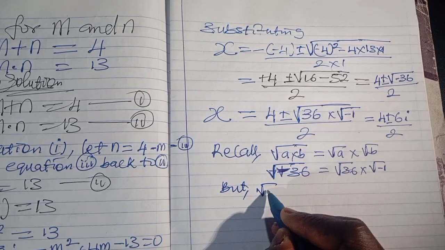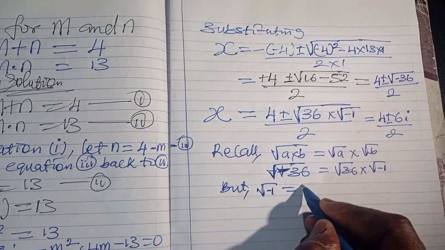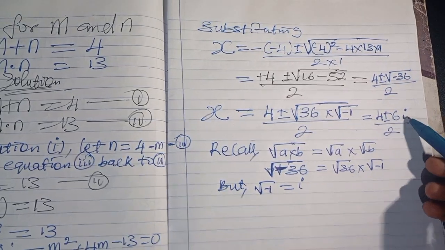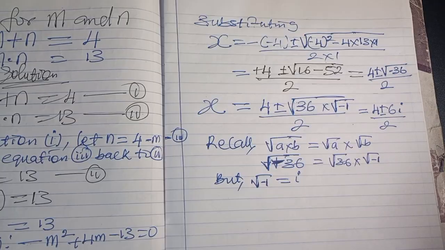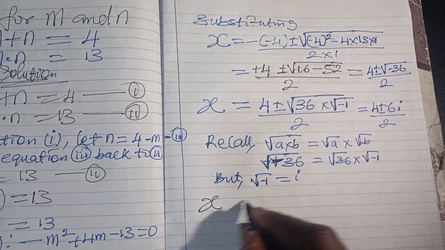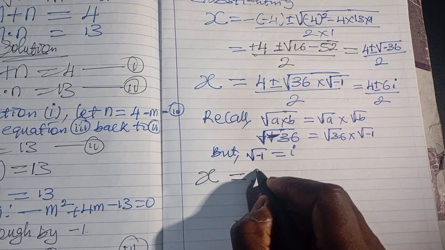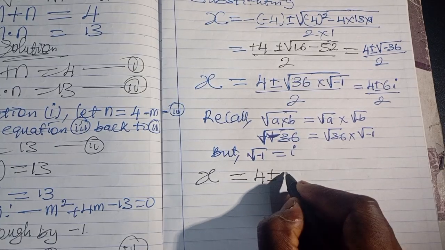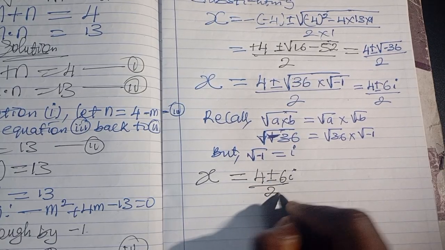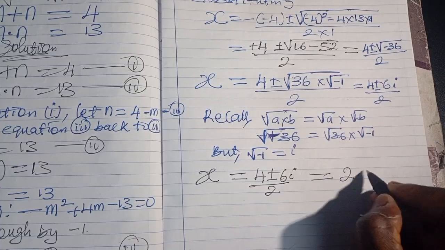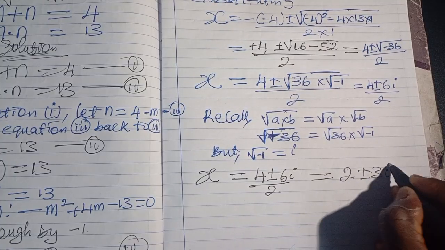But root of minus 1 is the same as i, so that is why I replaced it here as i. So let's proceed. We now have x is equal to 4 plus or minus 6i divided by 2. This is the same as 2 plus or minus 3i.